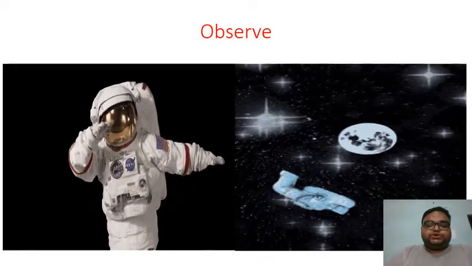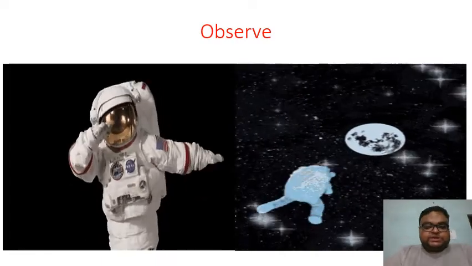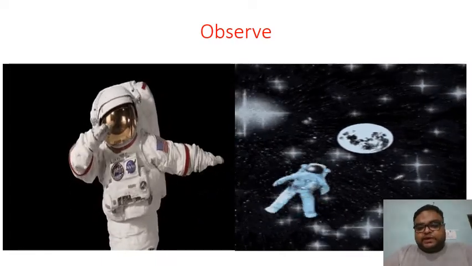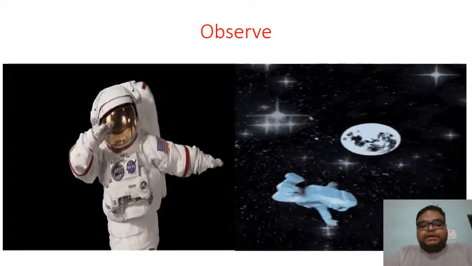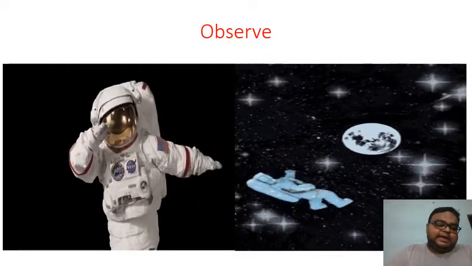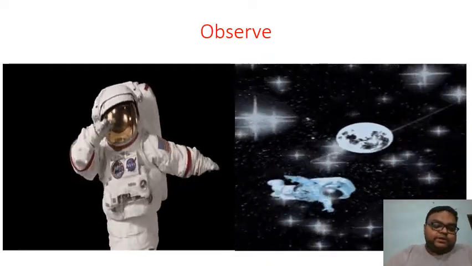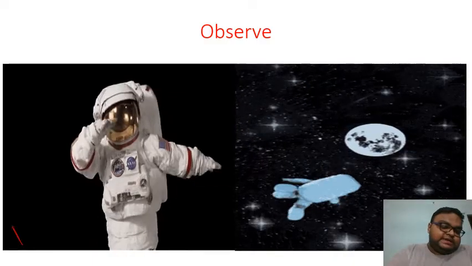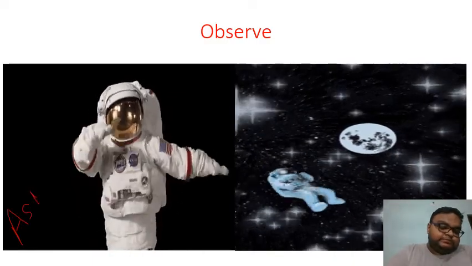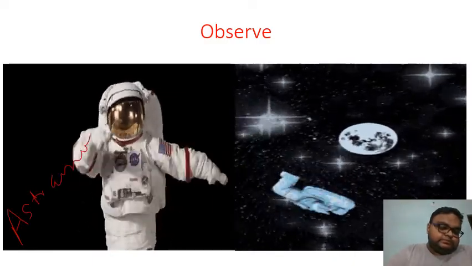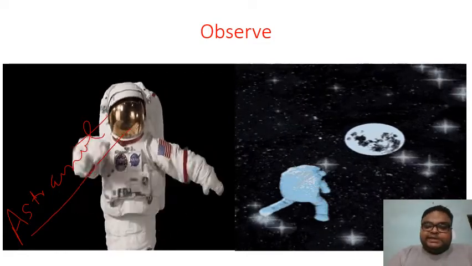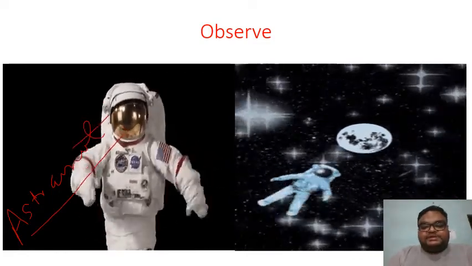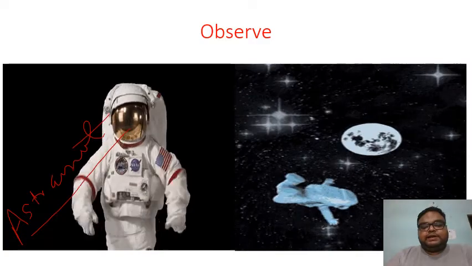Okay. So students, here are some pictures. Can you see what these pictures are? Yes. He is an astronaut. Very good observation. This astronaut is moving in space in all the directions. He is not pulled by anything, it seems, isn't it?